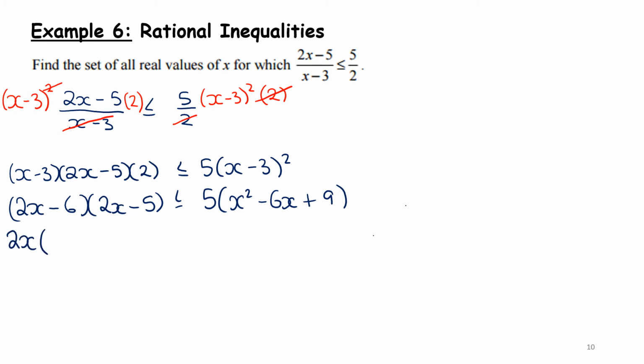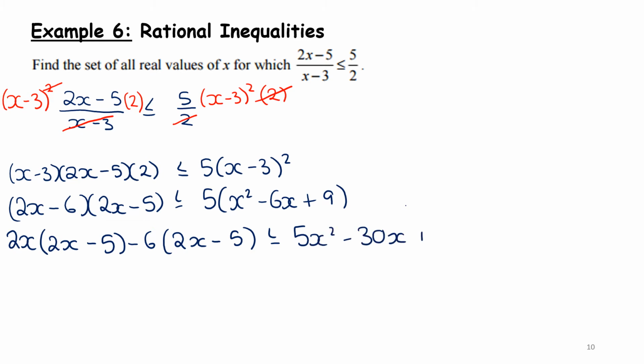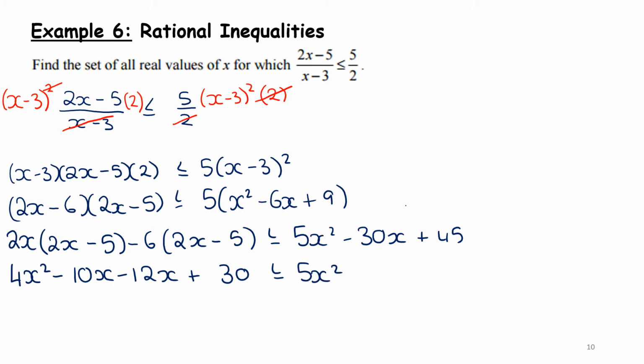Split my bracket here, 2x by 2x minus 5 minus 6 by 2x minus 5 less than or equal to 5x squared minus 30x plus 45. I get 4x squared minus 10x minus 12x plus 30 is less than or equal to 5x squared minus 30x plus 45.